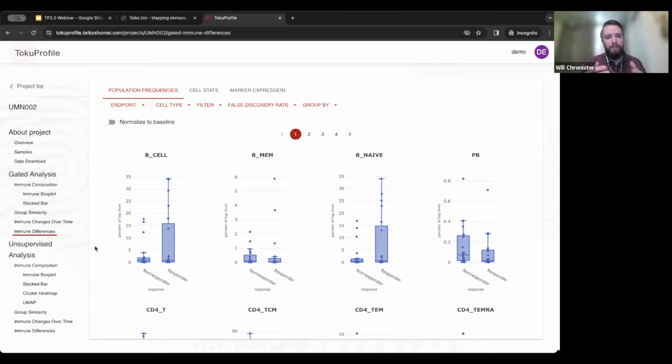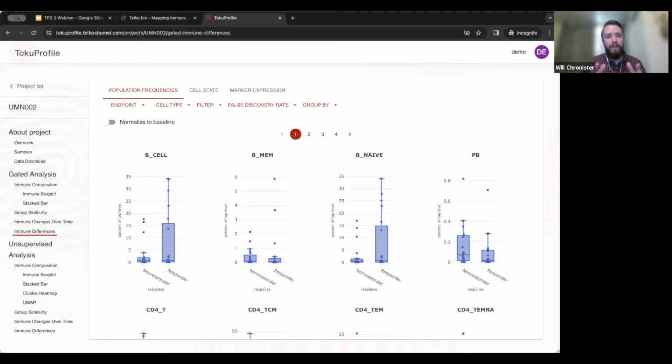This tab is meant to give us more flexibility for whatever the experimental design is for the project, whether it's, like in this case, looking at response, or you can imagine another project might involve 3 or more cancer types, and you want to see how the different cancer types react to treatment.